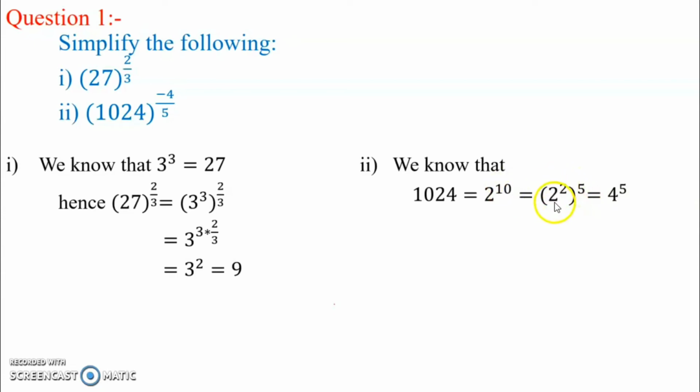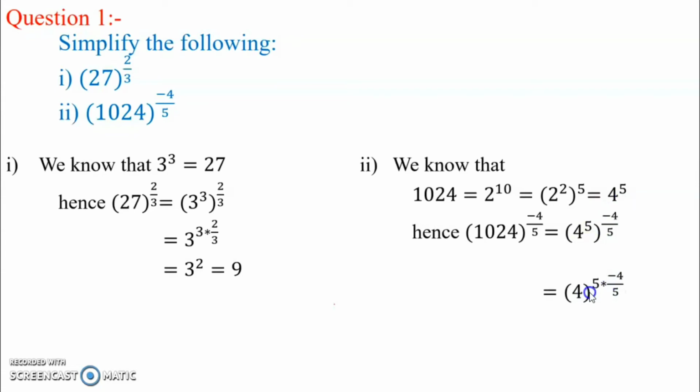Now what is 2 raised to 2? It is 4 raised to 5. Why I am doing it like this is, since the power here is 5 and the power asked is also minus 4 upon 5, this 5 and this 5 will get cancelled. So 1024 raised to minus 4 upon 5 will be equal to 4 raised to 5 into minus 4 upon 5.